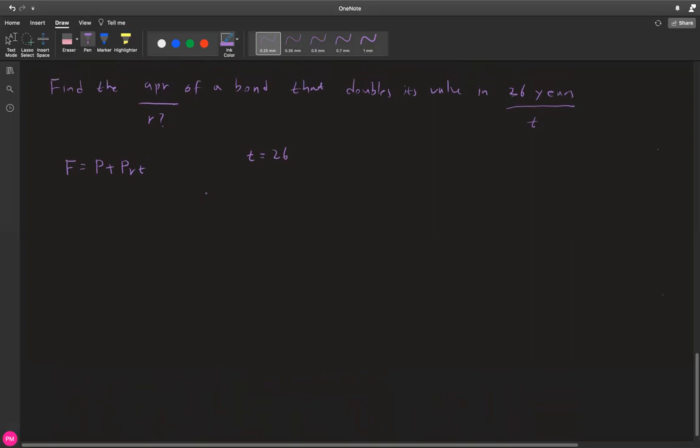So how would you approach this problem? The easiest way to approach the problem is that you can simply choose any number. You choose any number for the principal and make sure that the face value is double. So choose any value for P that is easy to work with.